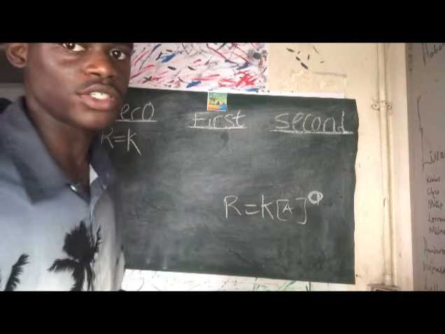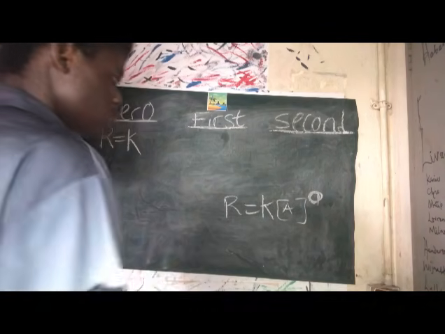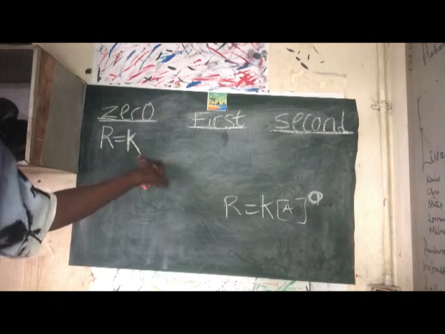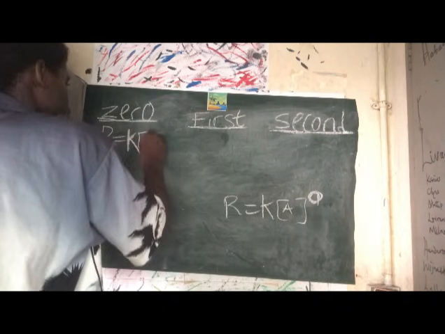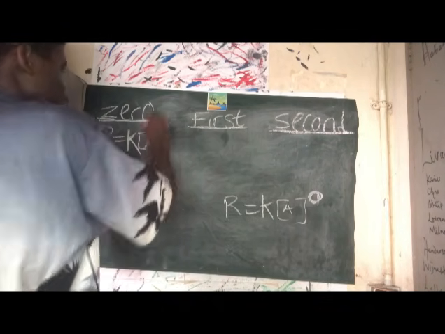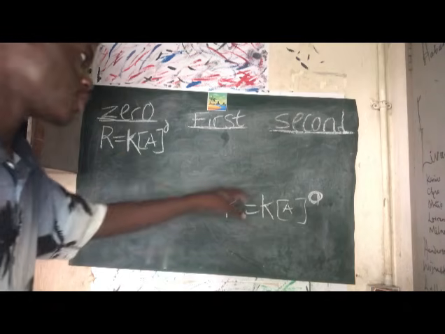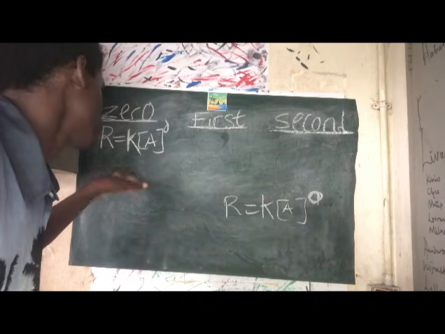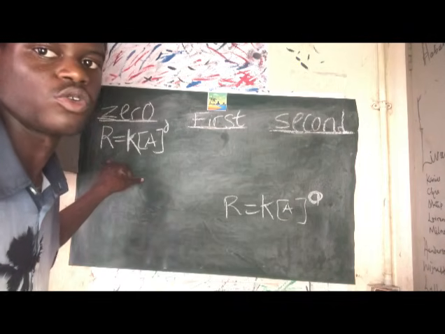And anything raised to power 0 is 1. So R is equal to K, A raised to power 0, which is still R is equal to K because anything raised to power 0 is 1. That shows you that in the zeroth order reaction, the rate of reaction does not depend on concentration.